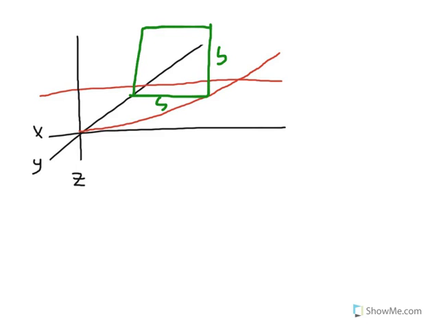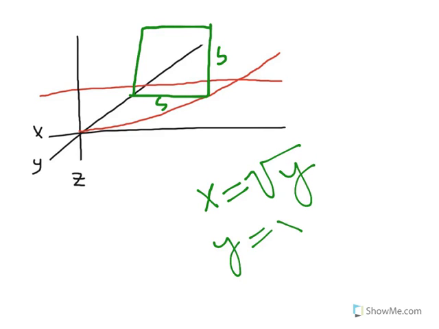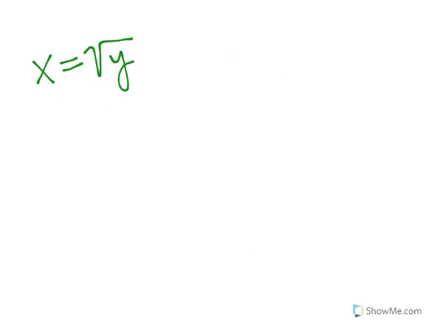Okay, and so the s is equal to the x value, and y is equal to x squared. So you're going to want to find this in terms of x. And so x is equal to the square root of y, because y is equal to x squared. And so that'll help you find it.